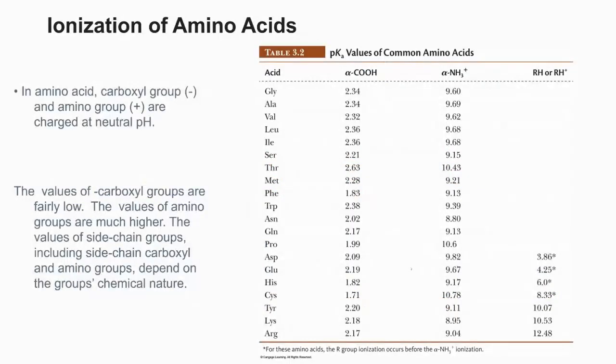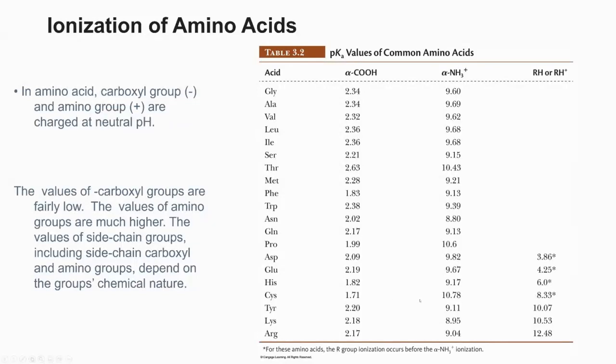So that means, see the cysteine, for example. You have 1.71, 8.33, and 10.78.